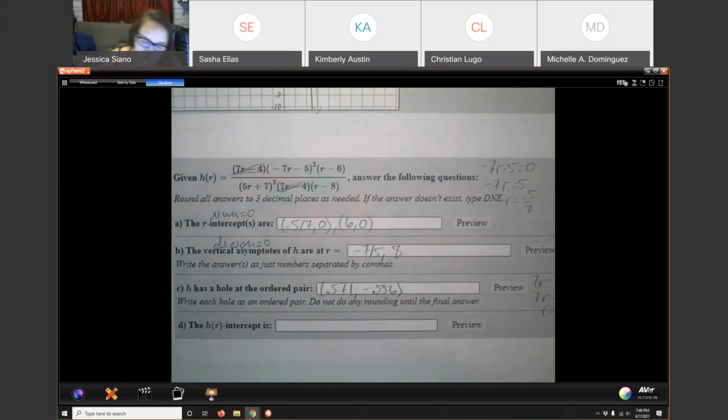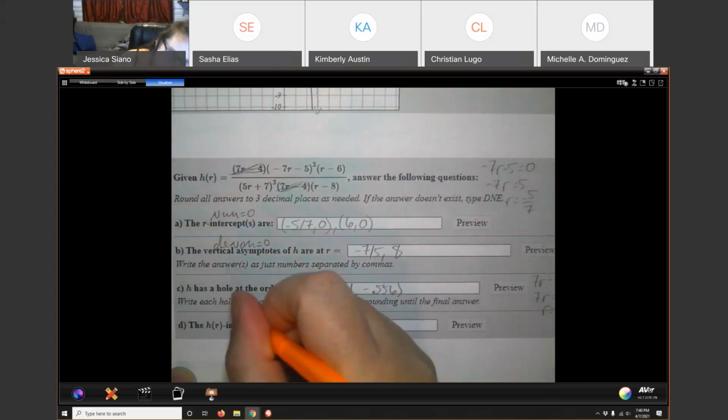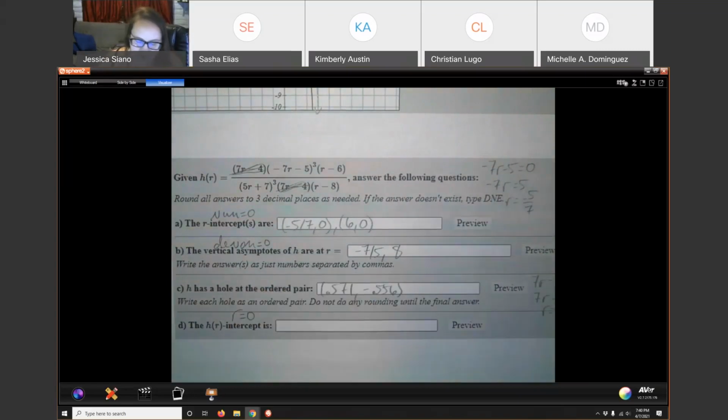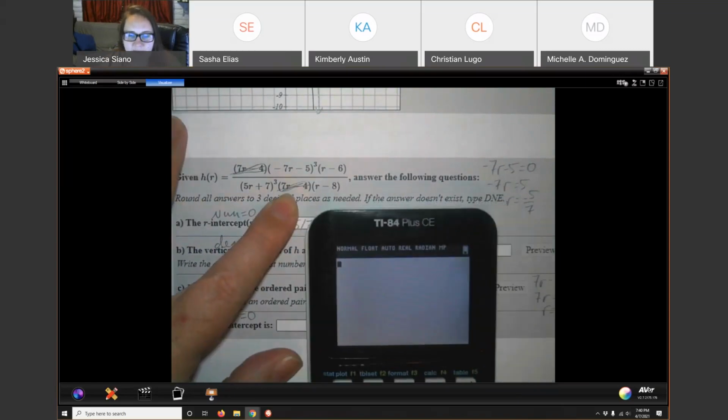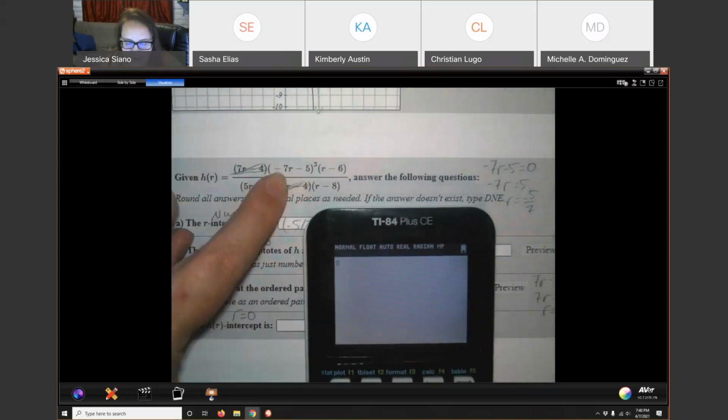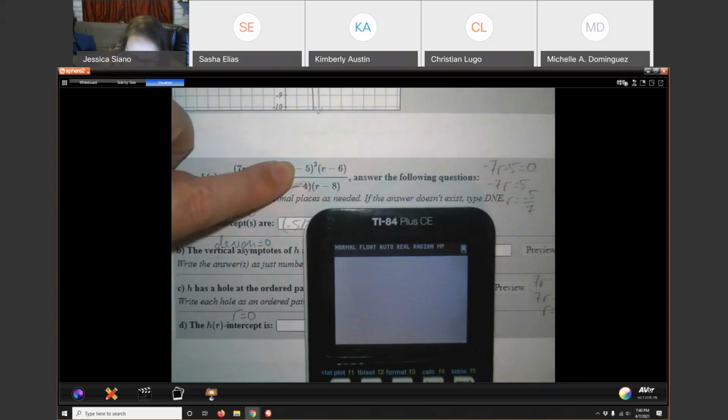And my h of r-intercept is where r equals 0. So I'm going to go back to my rational and I'm going to plug in 0 for r. So if I put a 0 for r right there, that -7r is going to go away.